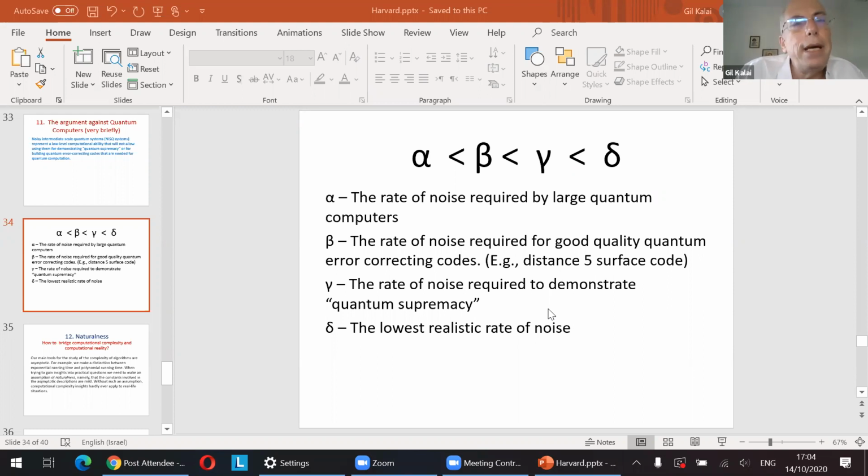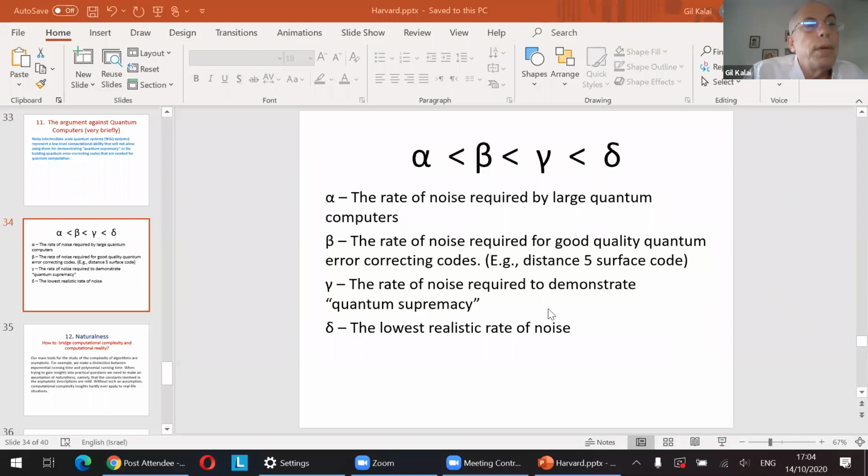This is a parameter that gives you a definition of the quality of the qubit. And the assertion that beta is bounded away from 0 means that in any system you implement, this number will be relatively small and probably not much larger than what can be achieved today.